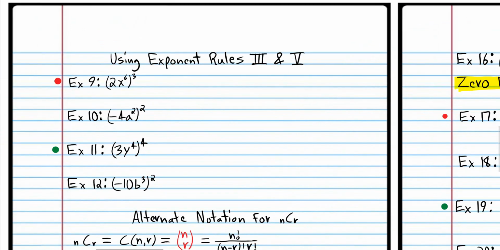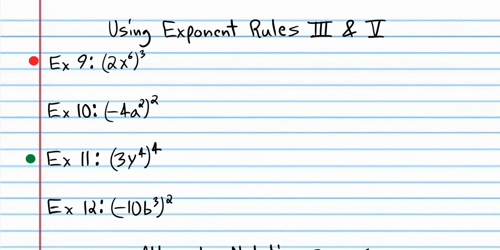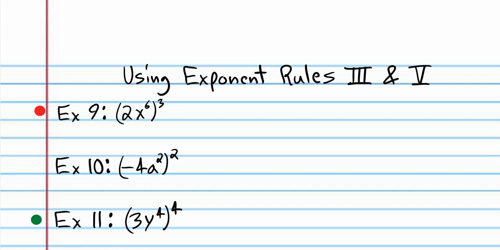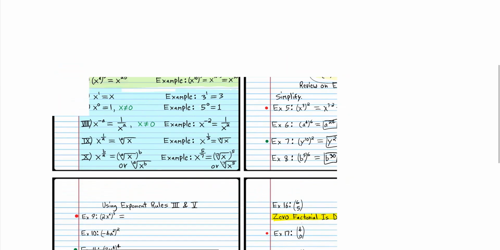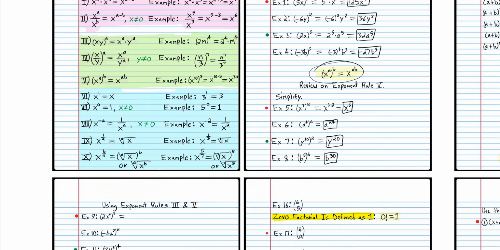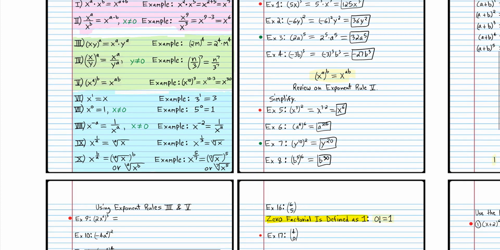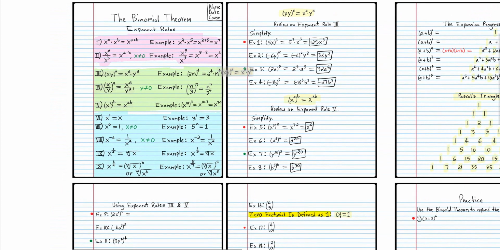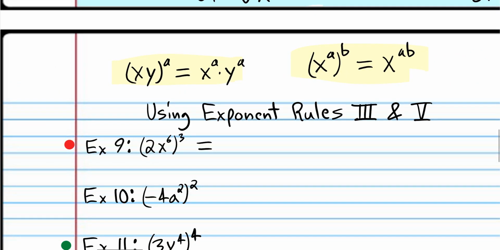Okay, so now we're going to combine these two rules. We're going to need both exponent rules number 3 and number 5. So let's bring these rules down so we have them right in front of us. First we're going to use exponent rule number 3 because we have a product raised to some power.